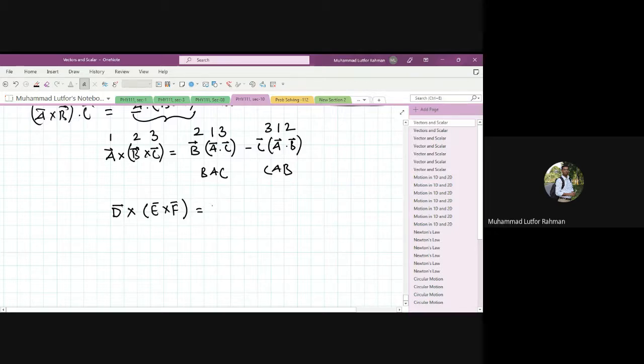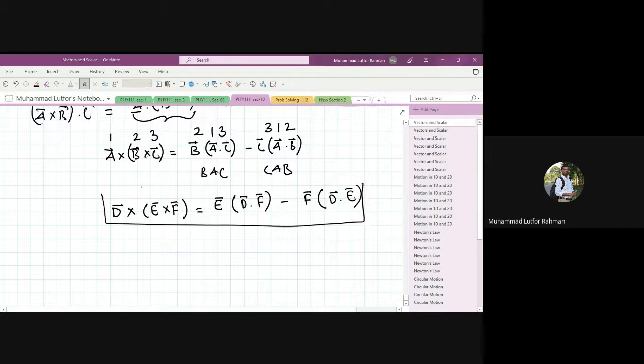It would be the 2 on 3. 2 is basically E, 1 is D into F, minus 3, 1, 2. 3 is F, 1 is D, 2 is E. Right. So that's how we can take the cross product of three vectors or more than three vectors. We can also do it that way.